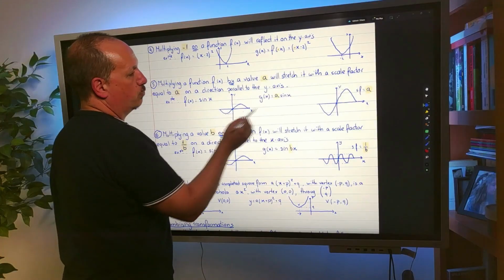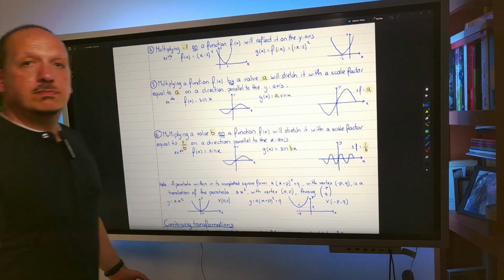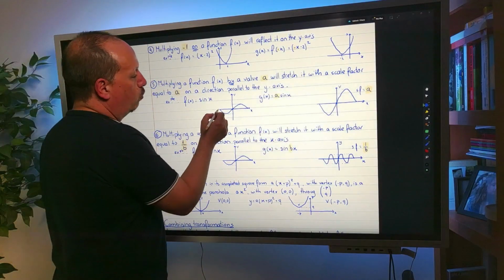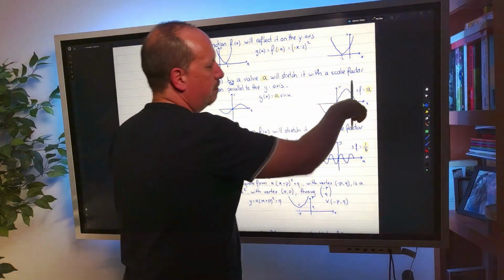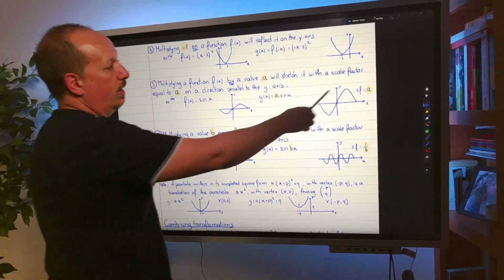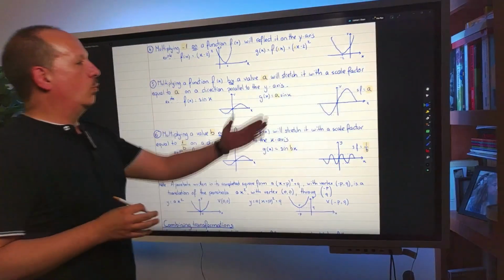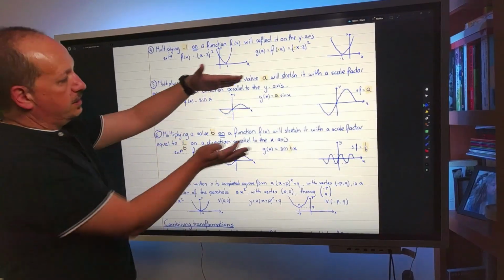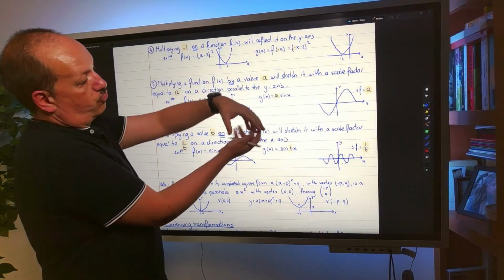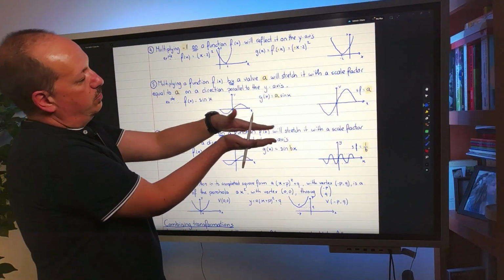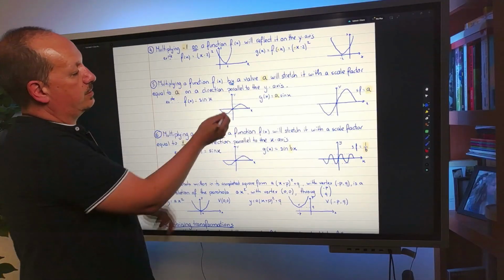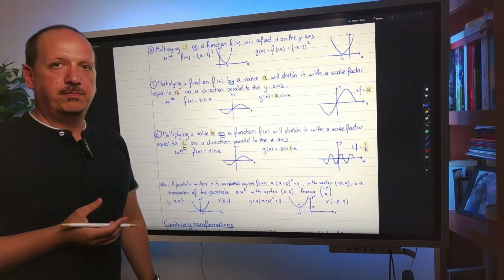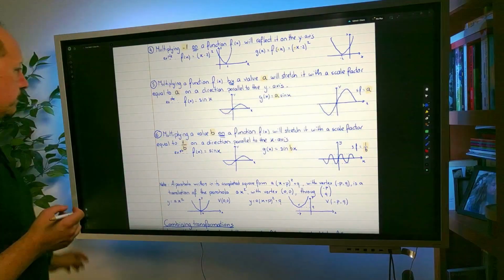If this was -1, it will become -2, okay? But the x coordinates of all these points are going to stay in place, all right? So the scale factor is whatever that a is. If this was 1/3, then it's not stretched, but compressed to a height that is 1/3 of that. So this will be 1/3 and minus 1/3, all right?